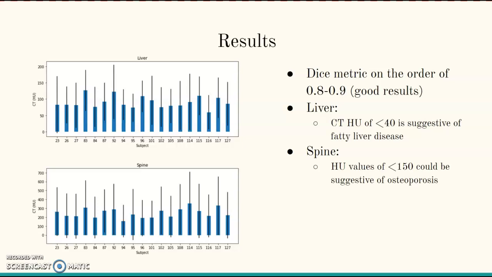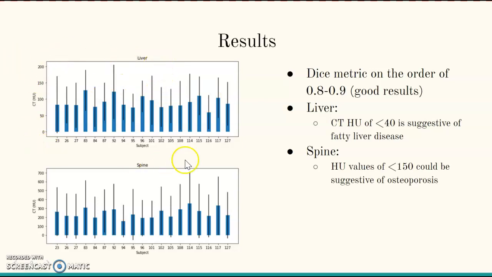So once we got those segmented regions, we performed statistical analyses on the predicted segmentations in order to obtain important biomarkers, including the mean attenuation value.